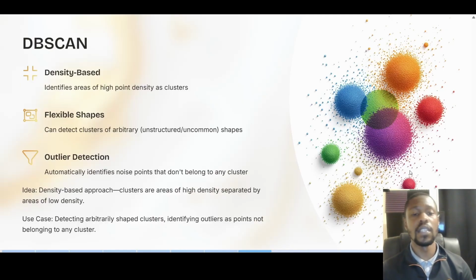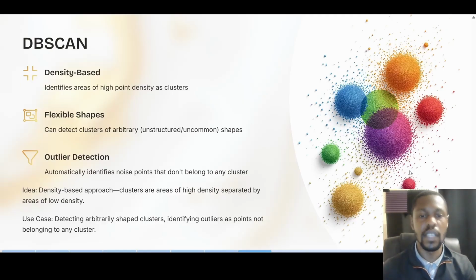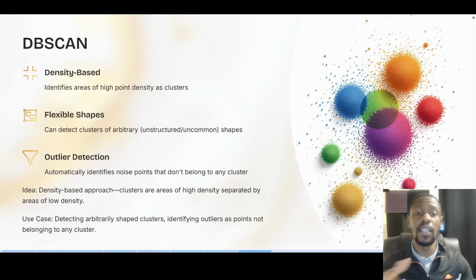It automatically identifies noise points, known as anomalies, that don't fit well to any cluster. So the idea of the density-based approach is clusters are areas of high density separated by areas of low density. And the use case is detecting arbitrarily shaped clusters and identifying outliers, again anomalies, as points not belonging to any cluster.